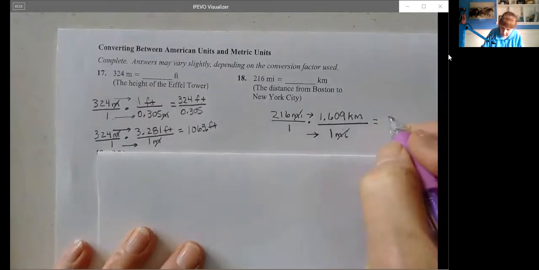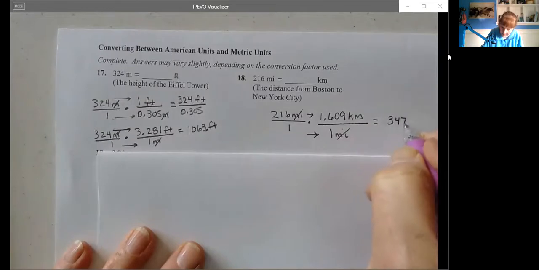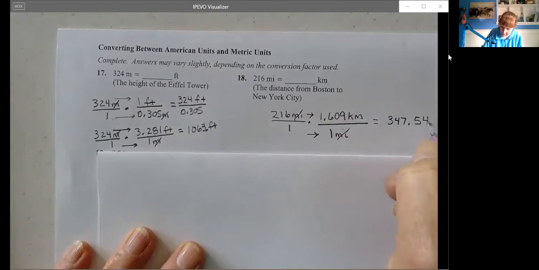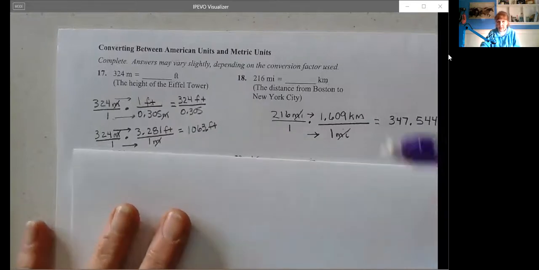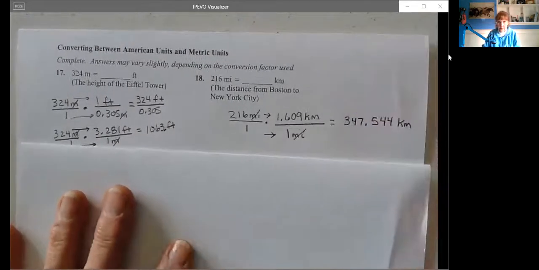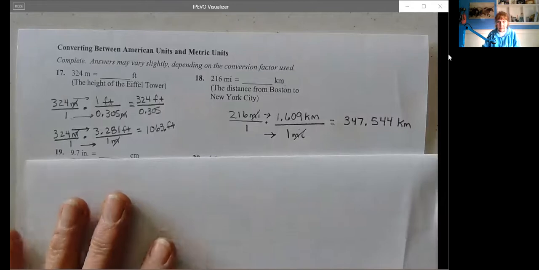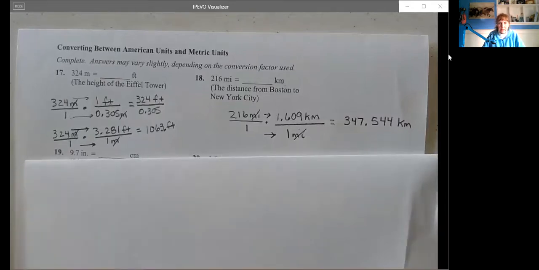We'll come up with 347.544 kilometers. Let me move it over a little bit so we can see the units. You guys can see the units. All right. So we come up, and again, we have the kilometers, and we have this decimal, depending upon how they want you to round it off. We'll just leave it like that.